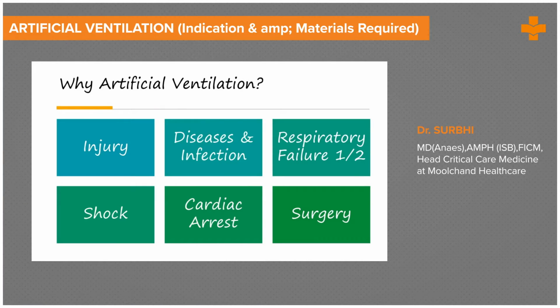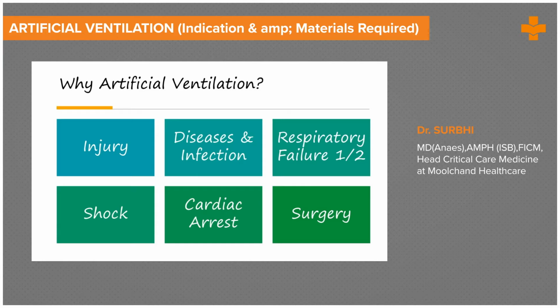So why artificial ventilation? There can be a lot of causes for artificial ventilation. There can be respiratory causes and non-respiratory causes. In respiratory causes, you have diseases, infection, pneumothorax, fluid in the lungs.